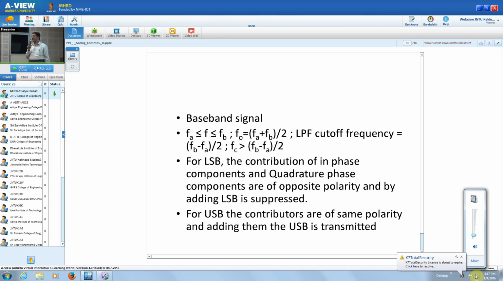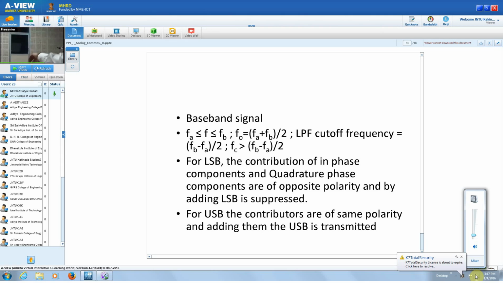The cutoff frequency of the filter is FB minus FA by 2, whereas the carrier frequency is much larger than this cutoff frequency. Okay, so this is the third method, or what you call Weaver's method. Three methods that we are going to have to generate your single sideband signal.